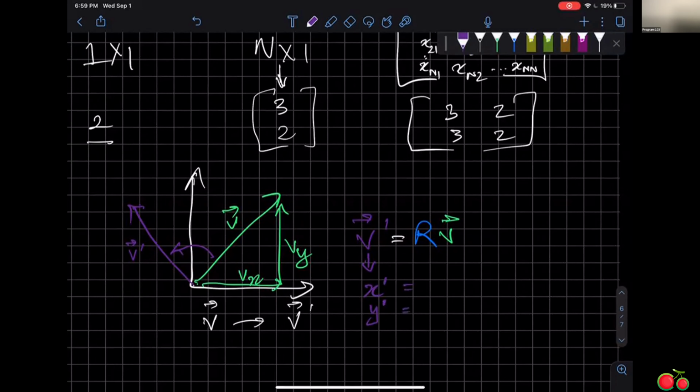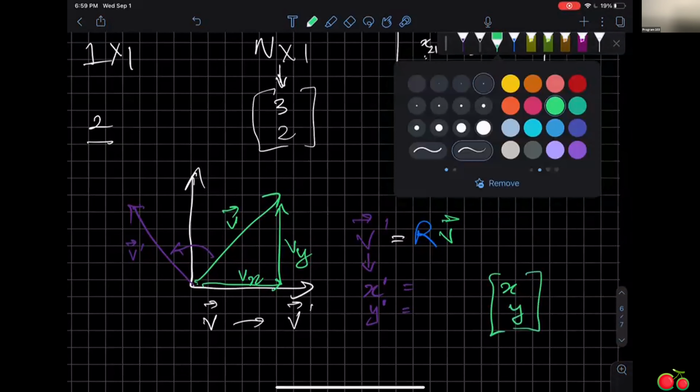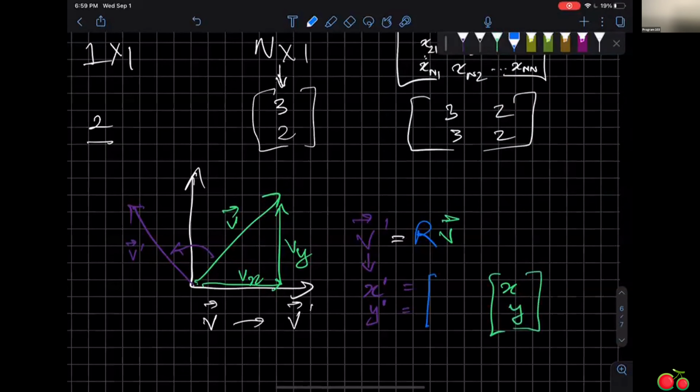What you have to do is multiply your vector x, y with this matrix, which I'm just going to call R11, R12, and so on.